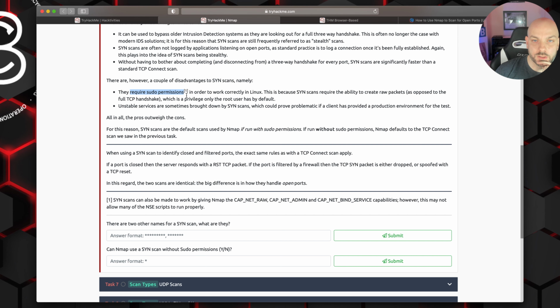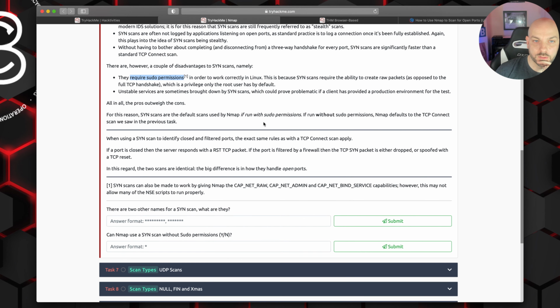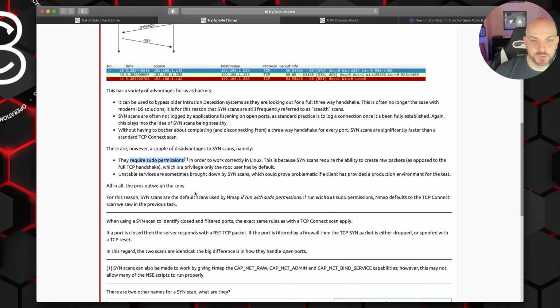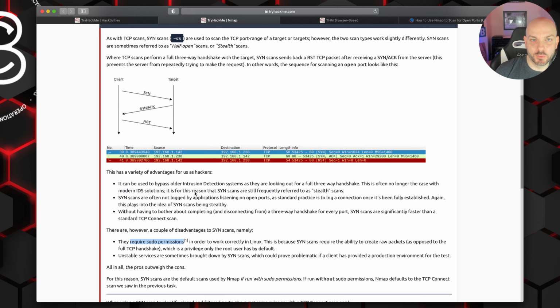Disadvantages: require sudo on Linux, and unstable services can sometimes be brought down. Fantastic. Cool. There are two other names for SYN scans. What are they? Well, stealth and half open.